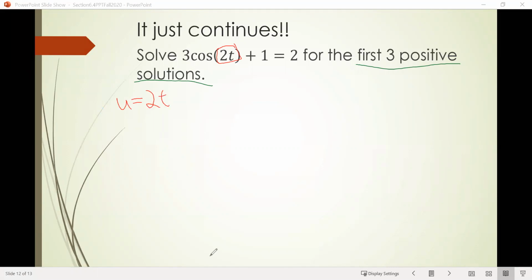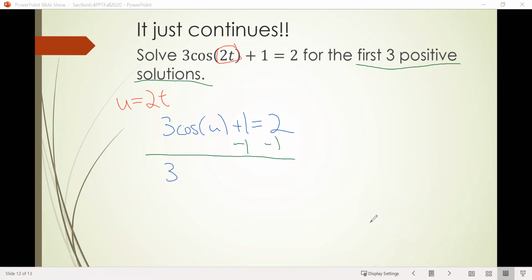So we'll say u equals 2t, which means we can rewrite our equation as 3 times cosine of u plus 1 equals 2. We'll start by solving this the way we know how. Subtract 1 from each side, so we end up with 3 times cosine of u equals 1.